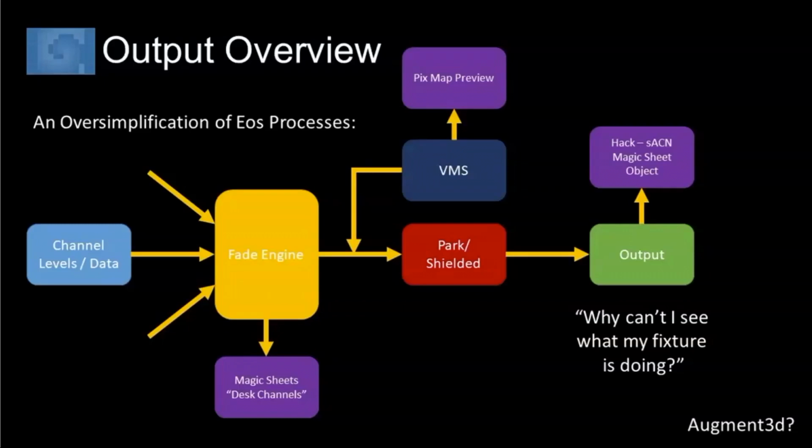Because Augmented has to show what's going to be in reality, I think in future development, you'll start to see a little bit more of this stuff come together. The fade engine needs to start understanding what VMS is contributing, and I know that the developers have talked about how they might start to reroute VMS through the fade engine. This is really complicated.